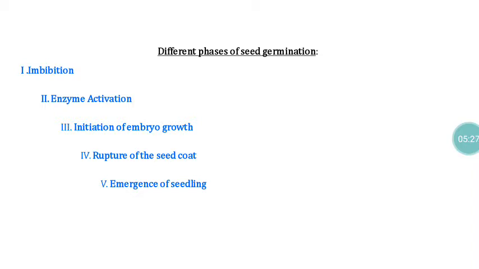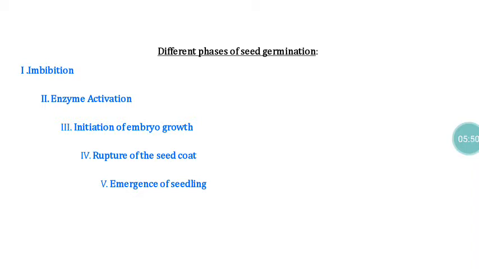Slowly the developing radicle and plumule rupture the seed coat, and finally the seed gives rise to the seedling, that is, emergence of the seedling. These are the 5 phases of seed germination: imbibition, enzyme activation, initiation of embryo growth, rupturing of the seed coat, and emergence of the seedling.